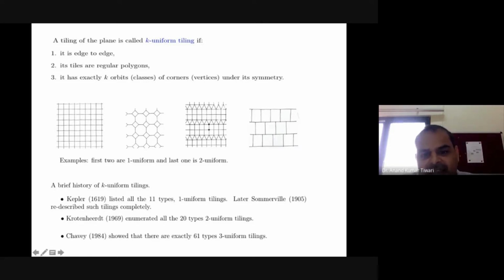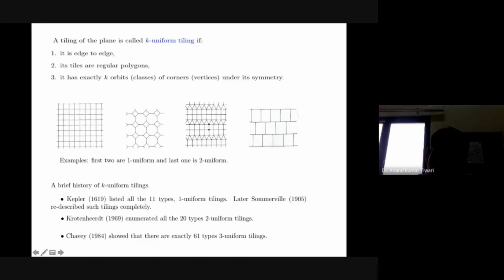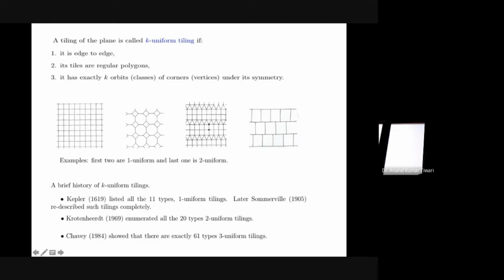If we look at the third figure, we see exactly four three-gons at a vertex, and three consecutive three-gons and two four-gons at a vertex.